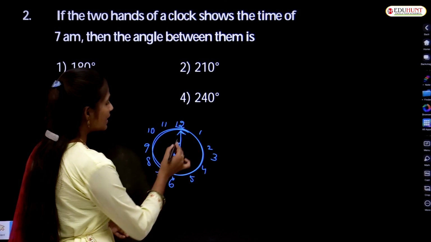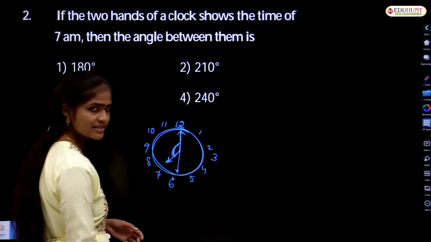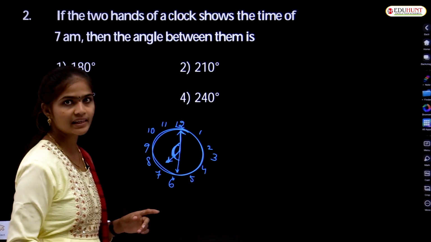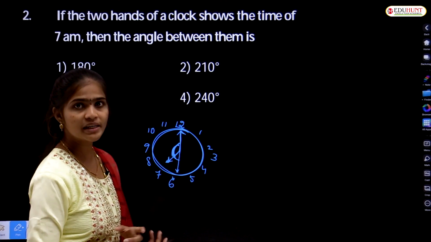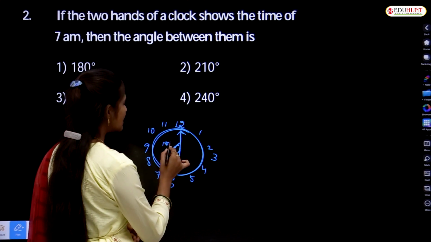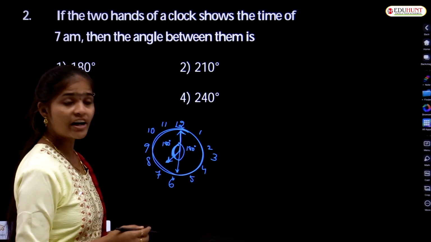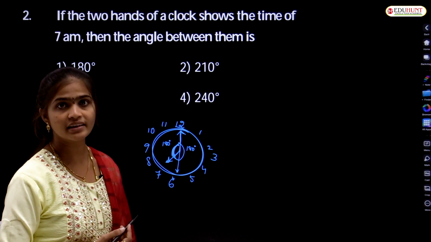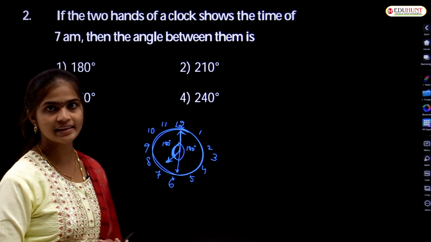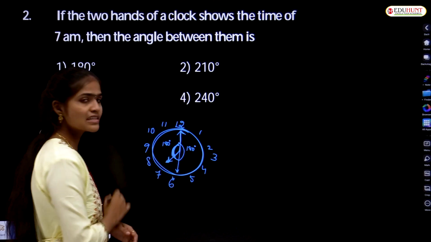If these two hands are in a straight line like this, this is exactly half of the complete angle, which means 180 degrees. So this is 180 degrees and this is another 180 degrees. Why? Because at that point the total angle is 360 degrees, which is a complete angle. So this is 180 and this is 180.